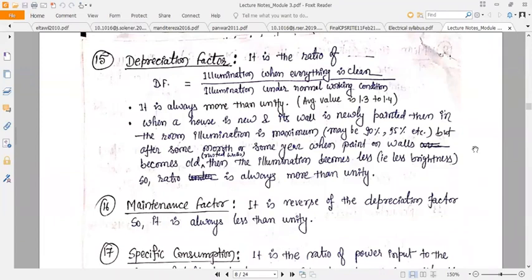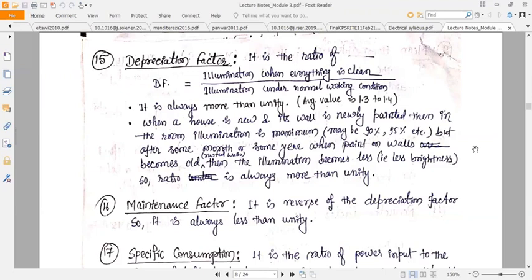That means it is the ratio of the illumination under two different conditions. You can understand it in this way. Under two different situations, what is the illumination of a particular light source? That is defined by the depreciation factor. ये दो different situation क्या क्या हैं? एक standard situation है, when everything is clear, it is the standard situation.